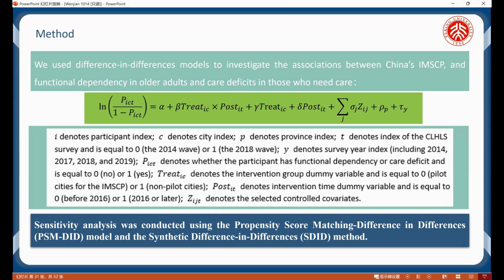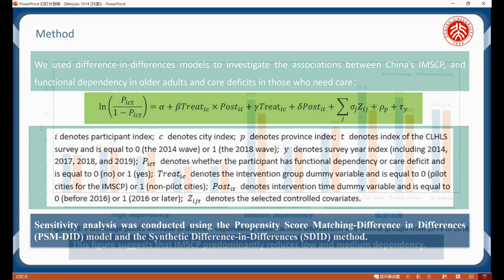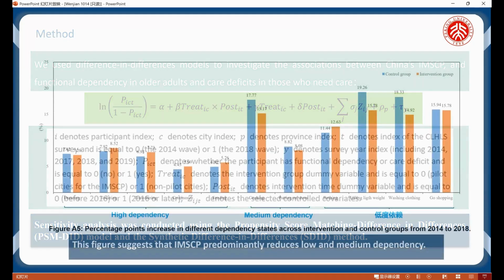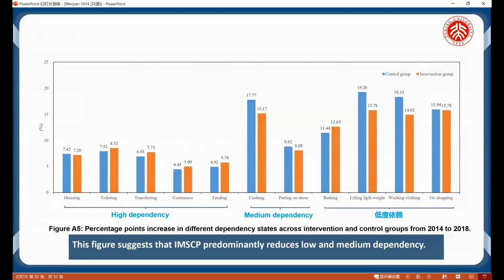Sensitivity analysis was conducted using the PSM-DID and SDID. This figure is the percentage points increase in different dependence states across intervention and control groups from 2014 to 2018, showing that IMCP mainly reduces low and medium dependency.